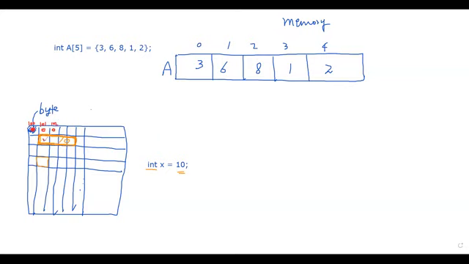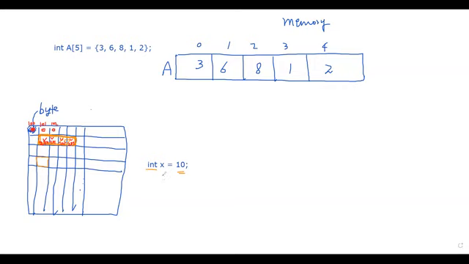So if the address of this cell is, for example, 200, then the next cell address is 201, then 202, then 203.